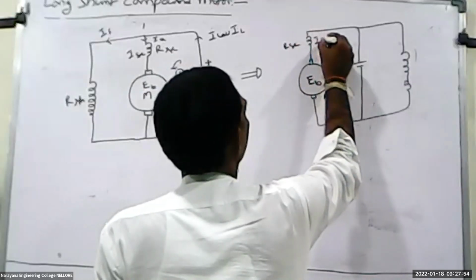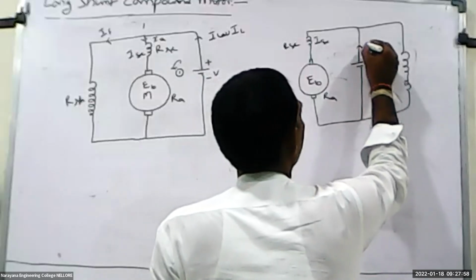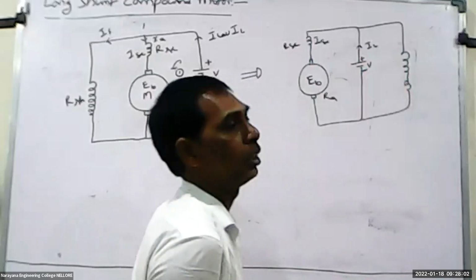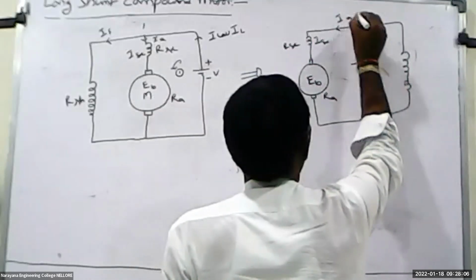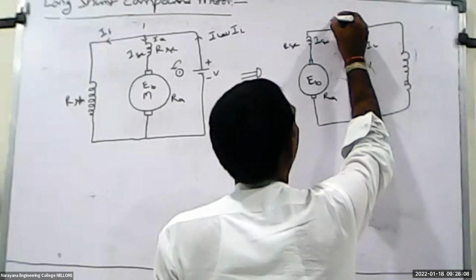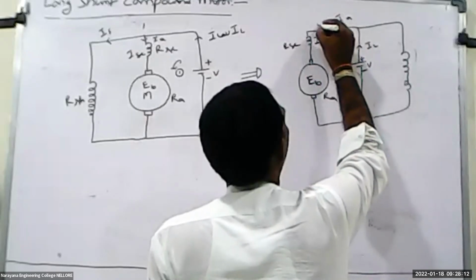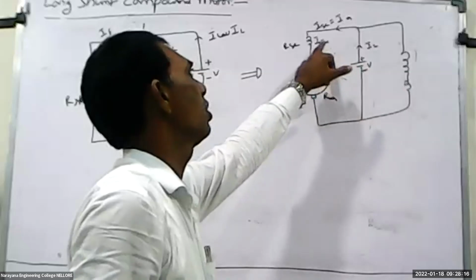The current passing through this one is represented as ISC, and the current delivered by the source is represented as IL, and supply voltage is V, and the current passing through the armature is represented as IA, and IA is equal to ISC because the current passing through the series field winding and armature is same.